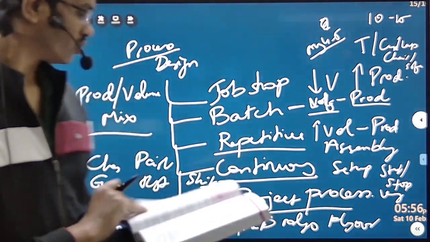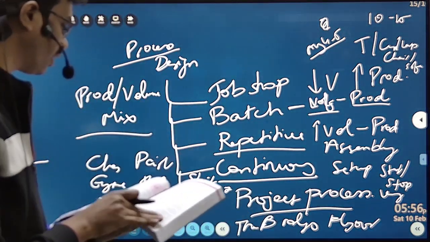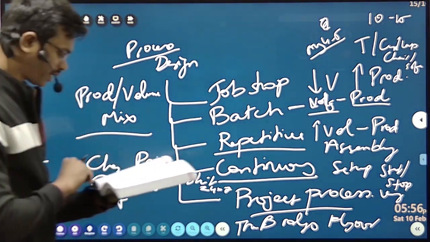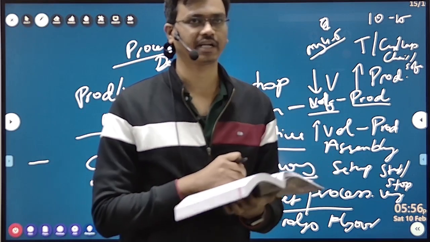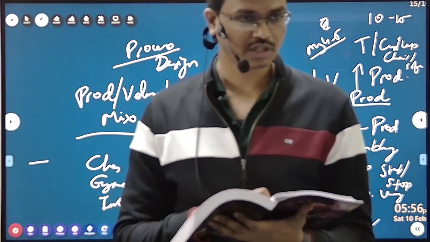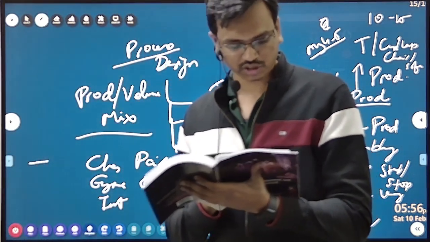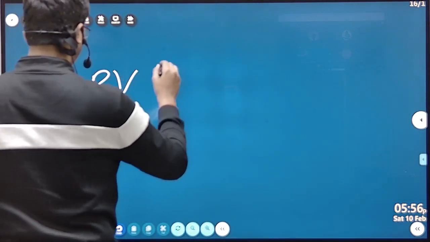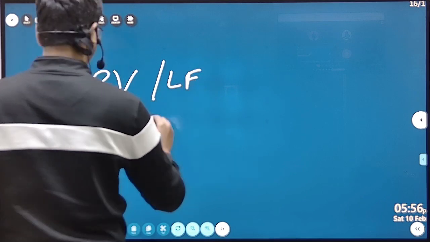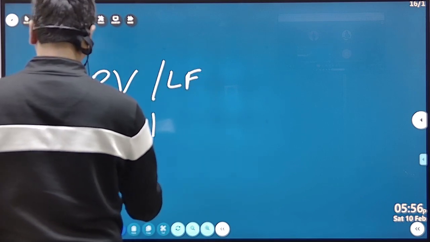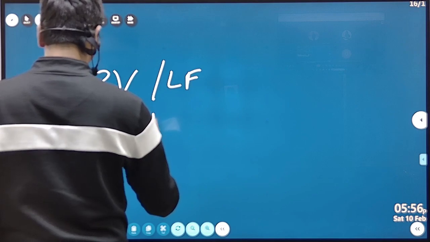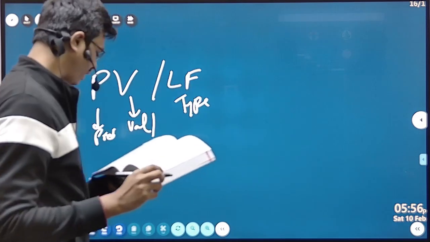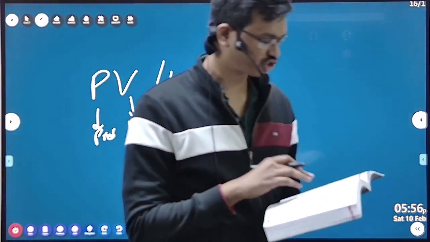Okay, so for this, he has given a graph on page number 98. If you can refer to that graph. This is the PVLF layout. PV is product, V is volume, LF is the type of layout, which we have just discussed, like job shop, batch and all.